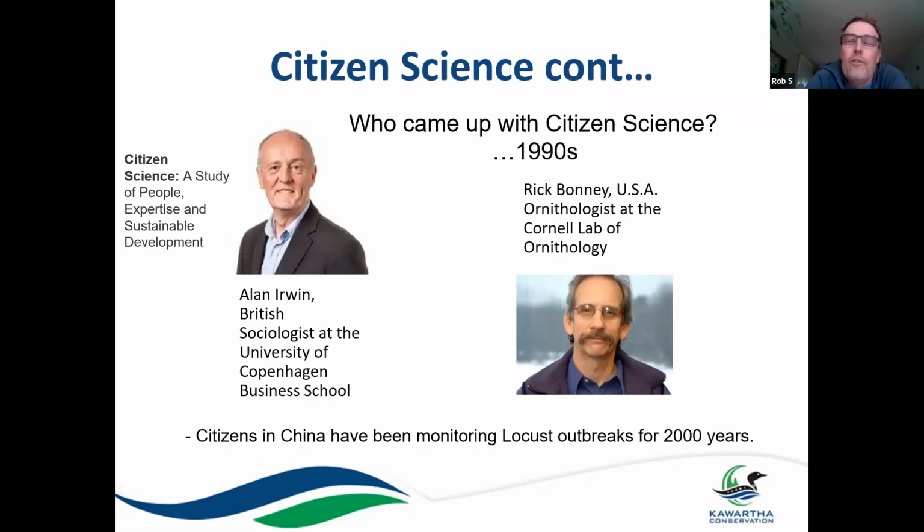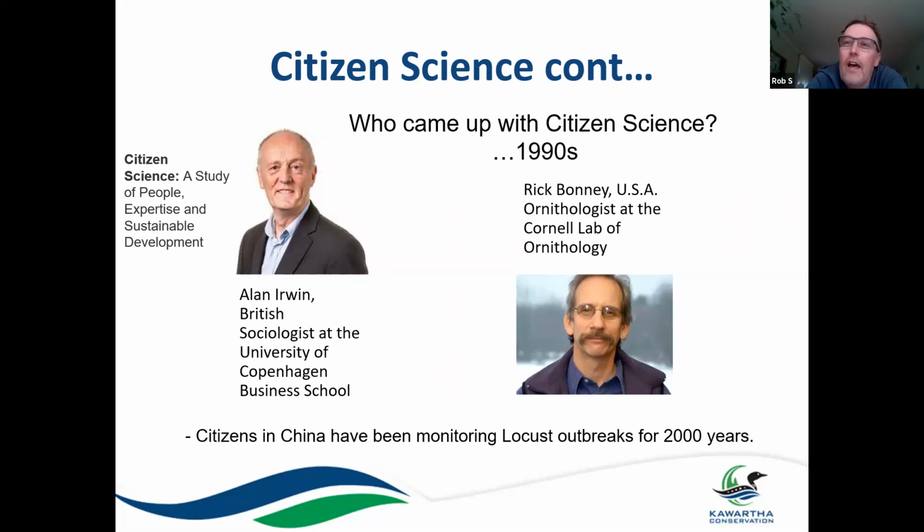So who gets credit for the term citizen science? There's two gentlemen, one from Britain, Alan Irwin, and another from the United States, Rick Bonney. And back in the 90s, they both simultaneously came up with the concept of citizen science. Mr. Irwin wrote about it in a paper, and Mr. Bonney actually looked at all these people who are out there birding and who could identify birds fairly well.